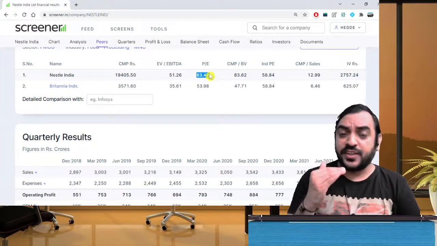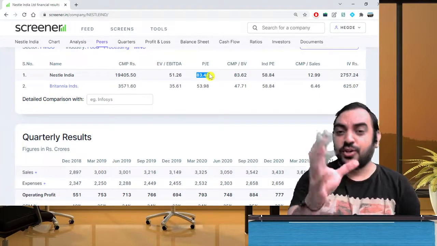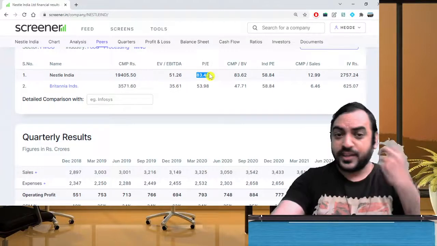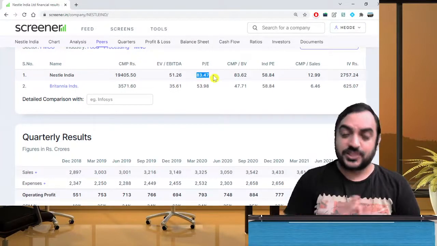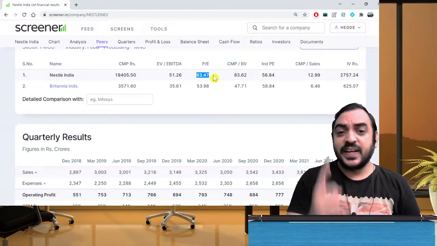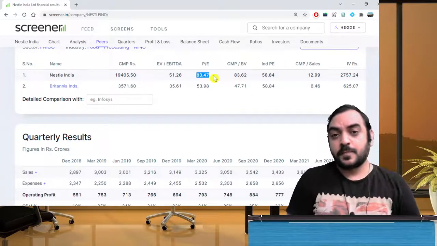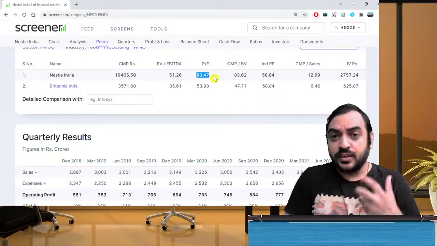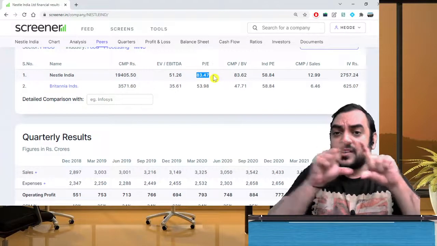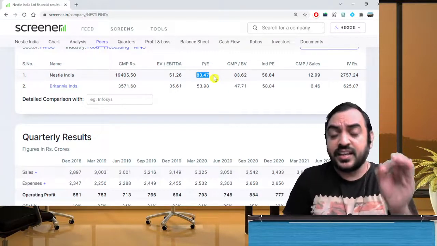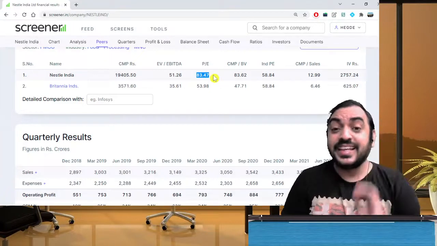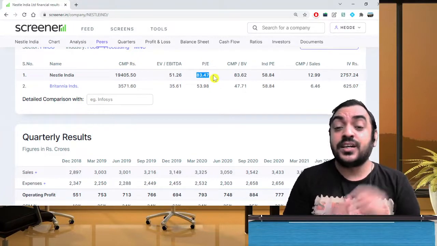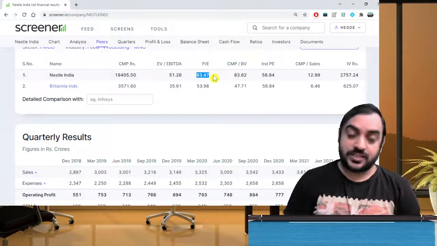See, high P ratio means what? You have to understand. I repeat, what does this 83 mean? If Nestle India makes 1 rupee, their value is 83 rupees, which means, put in a simple sentence, Nestle India's value is 83 times its annual profits.